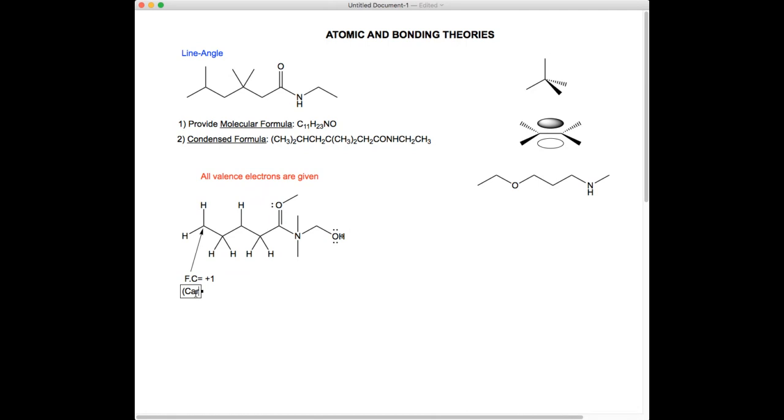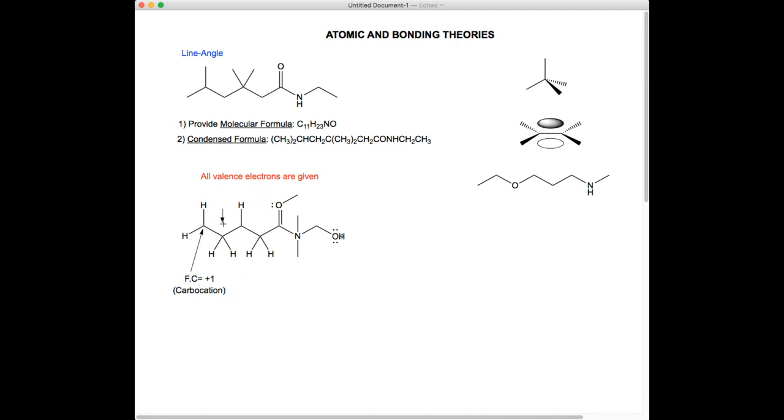You can call it either a Lewis structure, because I gave you all the valence electrons, or line and angle. That's a carbocation, positively charged. As I said, this is one of the structures that you will see the most in orgo 1. So everybody must know that every carbon with 3 bonds has formal charge +1 and is a carbocation.